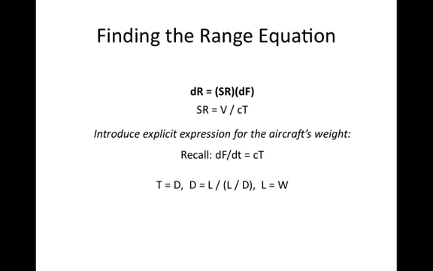Since we're at constant speed and level flight, the thrust will equal the drag, and the drag can be expressed in this form, which includes L, and L equals the weight, since L is lift. If you put all that together, you come out with an expression for T which includes the weight of the aircraft. So now we have the specific fuel consumption times T as an expression which includes the weight of the aircraft, and that's included in the specific range.